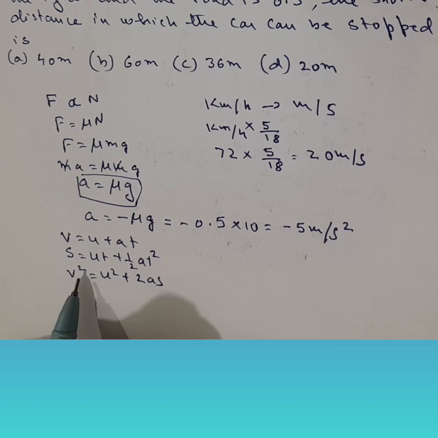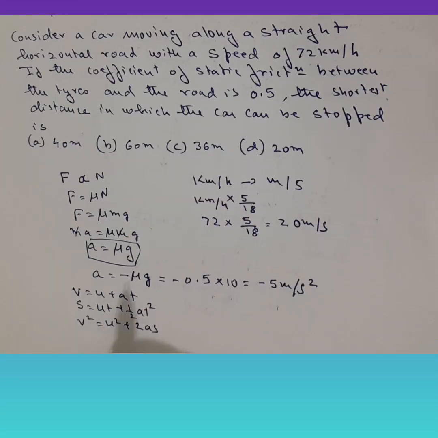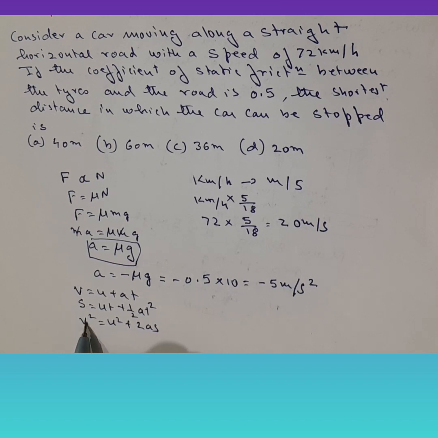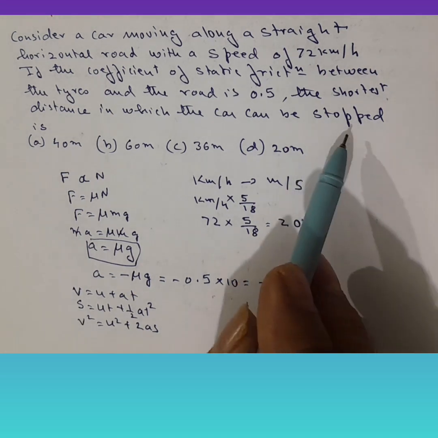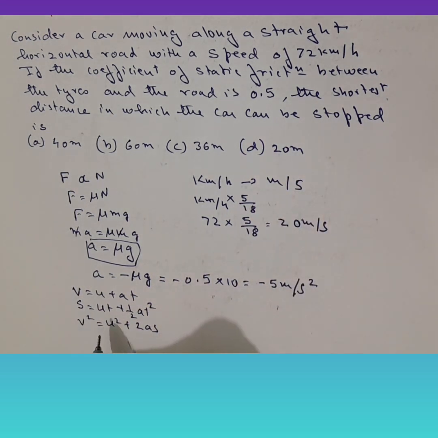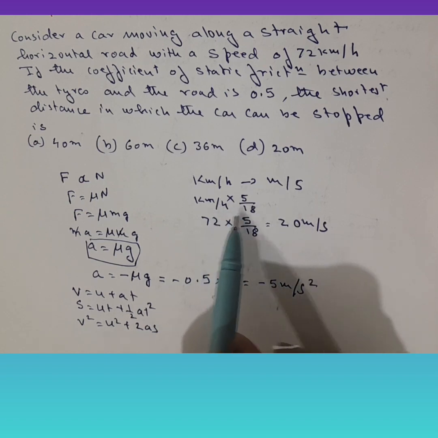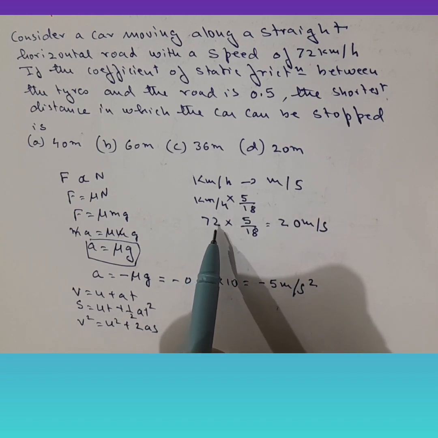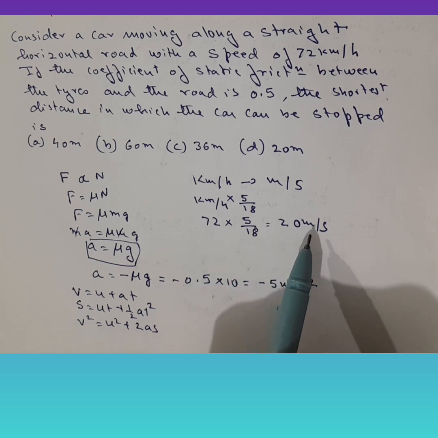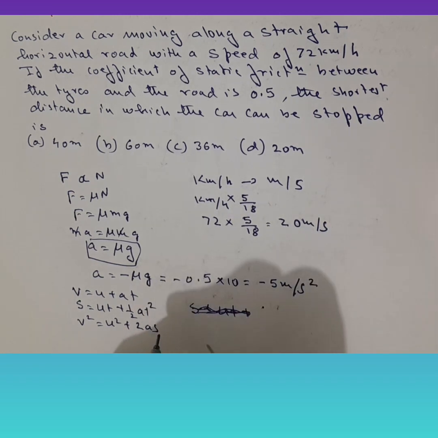Now in this case, v, the final velocity, is stopped, so v is equal to 0. Initial velocity is provided. It was 72 kilometers per hour, which we converted to meters per second and got 20 meters per second.